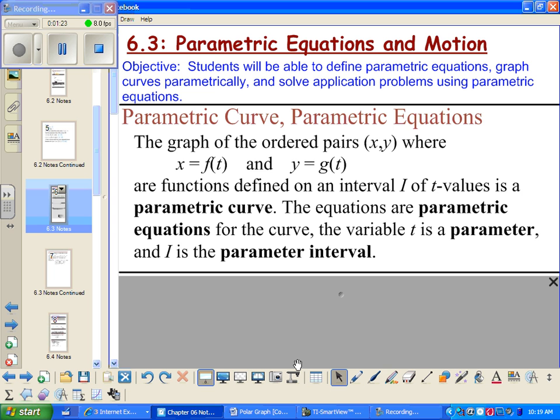So when I plug the same value into the x equals f of t function as I do for the y equals g of t function, plugging into both gives me just one coordinate point (x, y) that I would then graph. The equations are parametric equations for the curve. The variable t is the parameter, and I is the parameter interval.